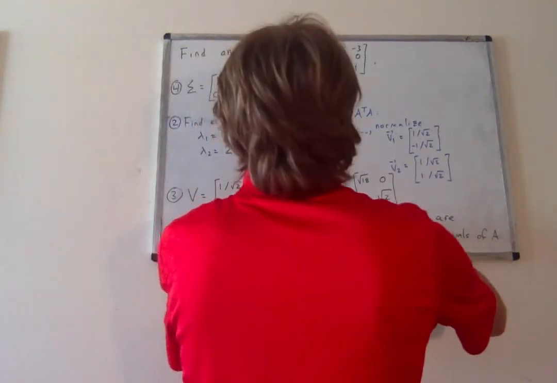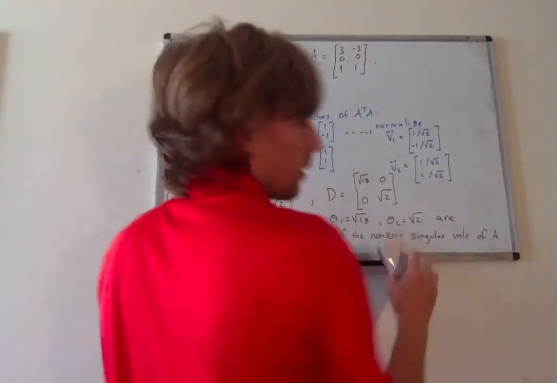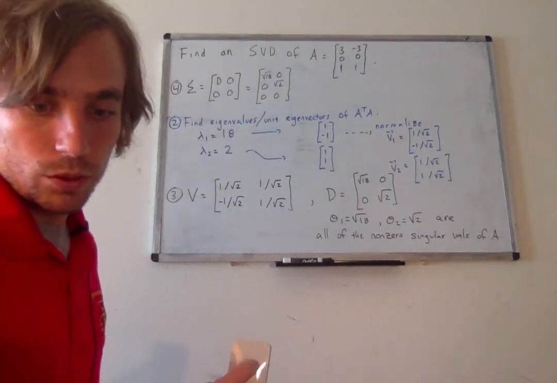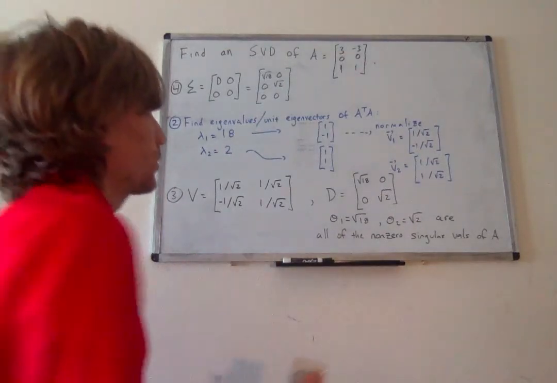So now the next step. Okay, so what do I need for U? I need A times V1. We've got V1 and V2 here.